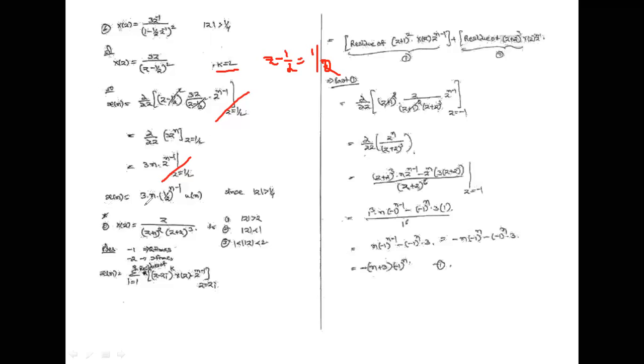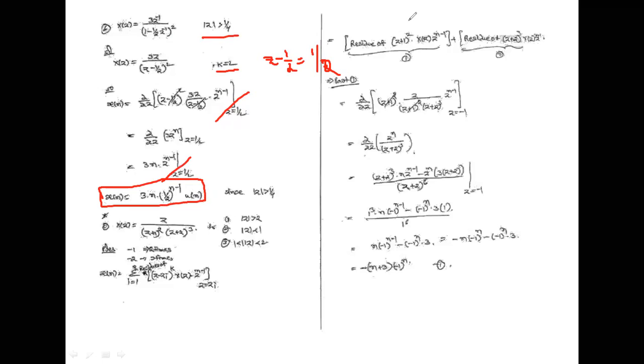And x of n is equal to 3n times 1 by 2 whole power n minus 1 into u of n. Why am I taking the u of n? Because the magnitude of z is greater than 1 by 4 is given. So you can multiply this function with u of n.